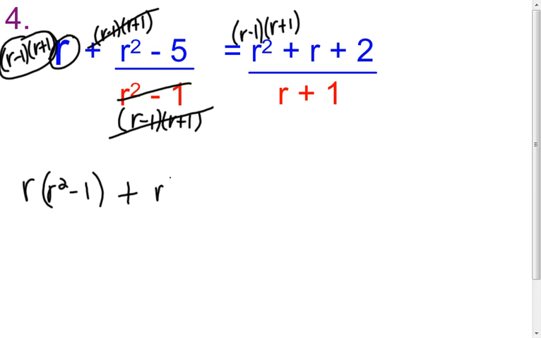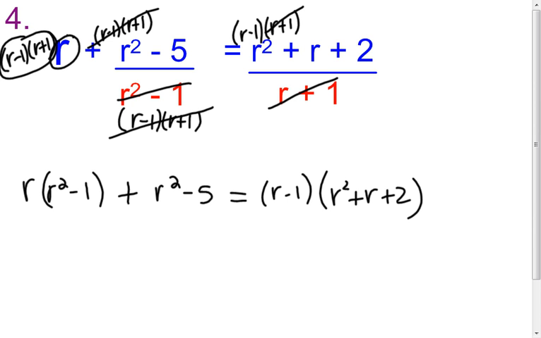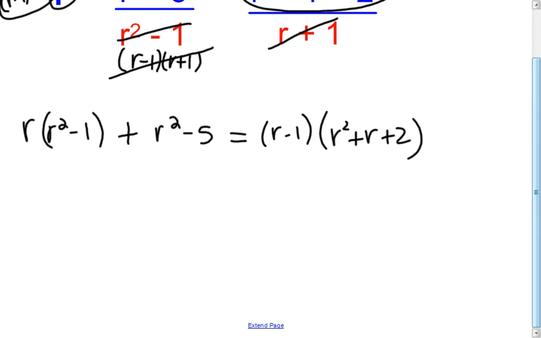And then I will have r squared minus 5. And then on the next one, I will have r plus 1s that will cancel, and I will have r minus 1 times r squared plus r plus 2. Okay, so I took this times that. That's what I'm doing.